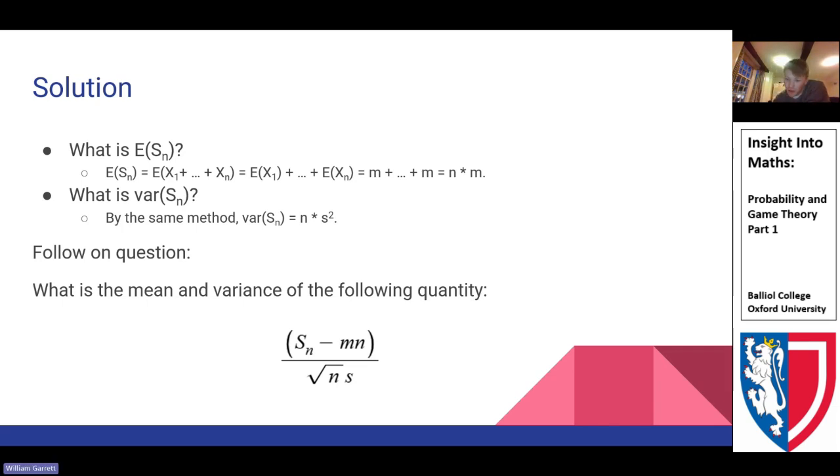So the reason this denominator has been chosen is this is the scaling that moves our distribution to have variance 1. So this quantity I've written down on the board actually just has mean 0 and variance 1. Thumbs up if you're happy with what I've said so far. Or if you want more explanation, we can.